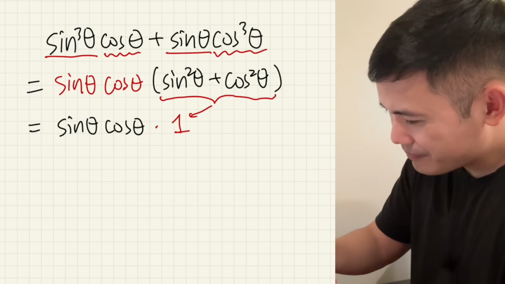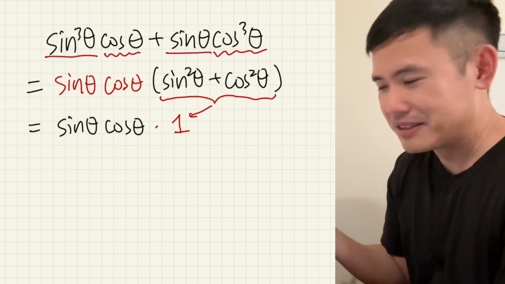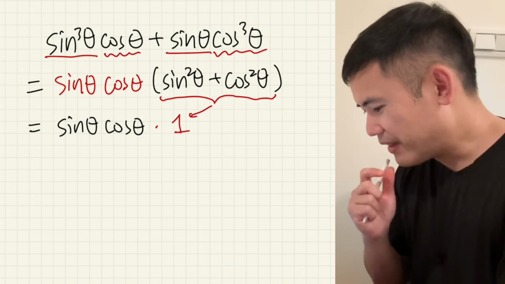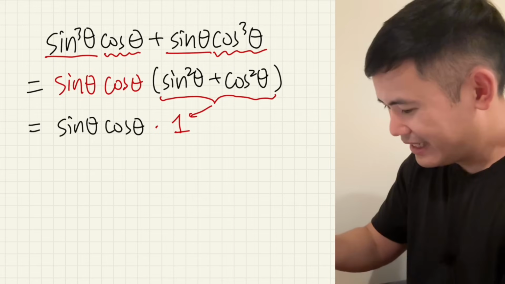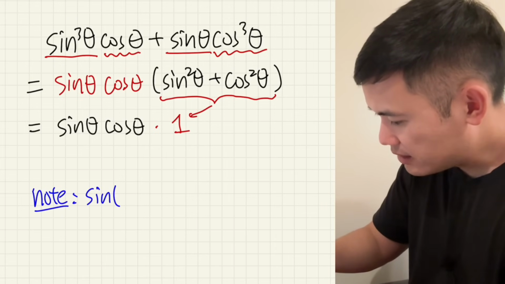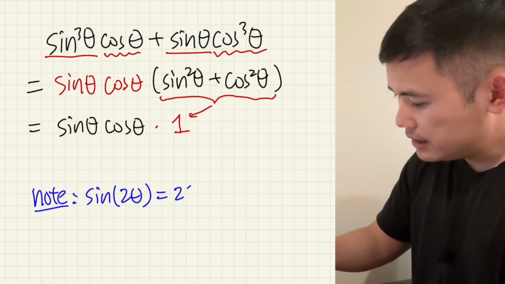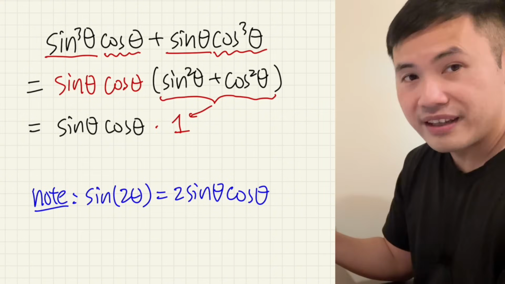And sine theta times cosine theta is not one of the answer choices. But is there any other identity that has this part, sine theta times cosine theta? Yes, if you look at the double angle identity for sine, sine of 2 theta is equal to 2 sine theta times cosine theta.